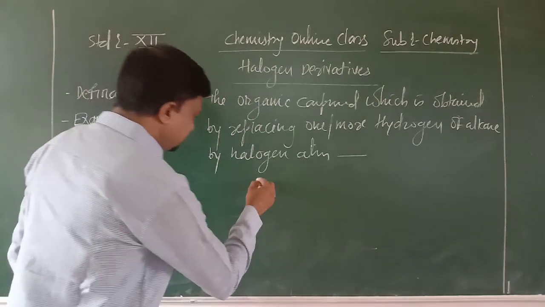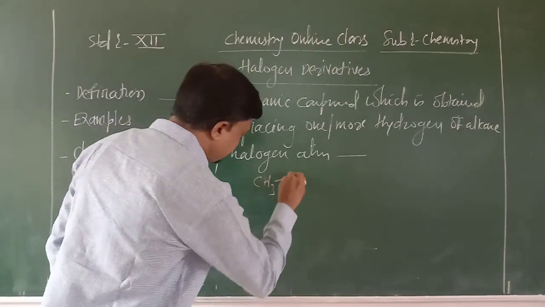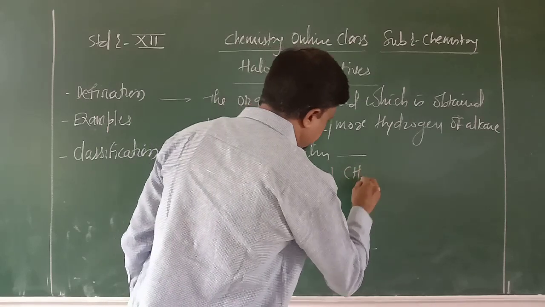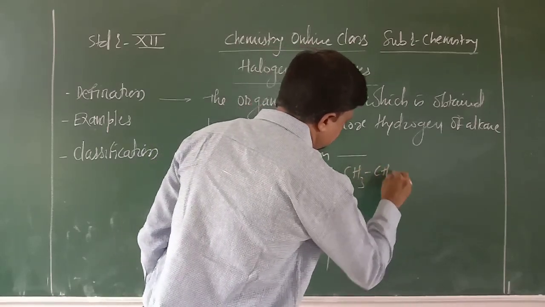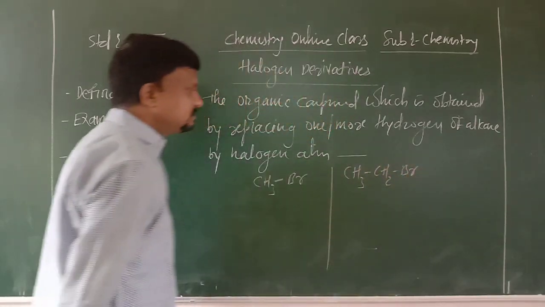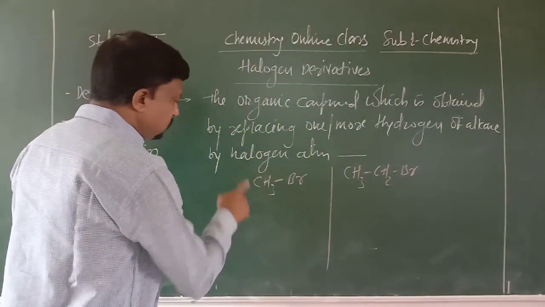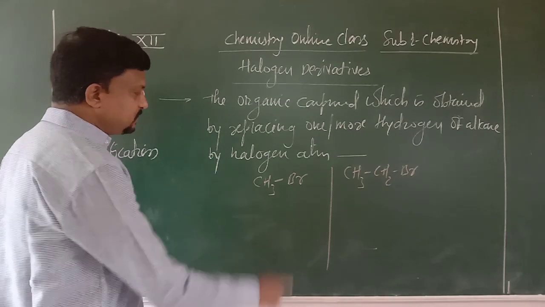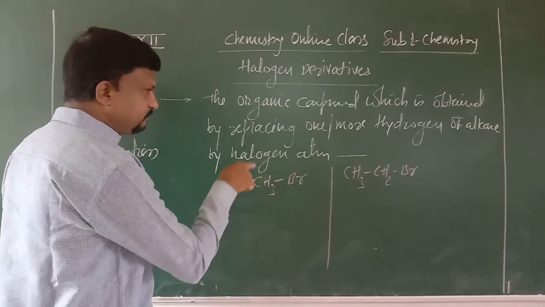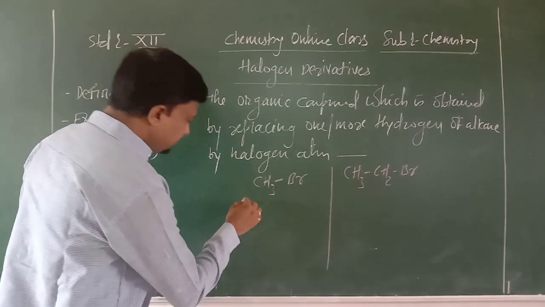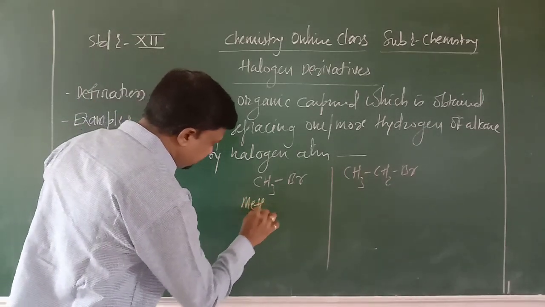Look at the example called CH3Br, and the second example is called CH3CH2Br. Now see that the first one is originally obtained from the methane, and one of the hydrogen atoms is replaced by the bromine, so it becomes the methyl bromide.